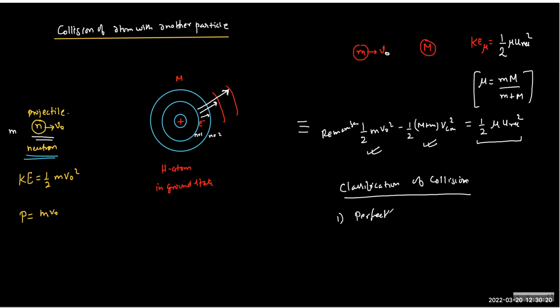So classification of collision again we have here, but we have three types: perfectly elastic, this is the tricky one; second is elastic, or you can say inelastic, I'm not using a perfect word, so it could be partially anything; and perfectly inelastic.